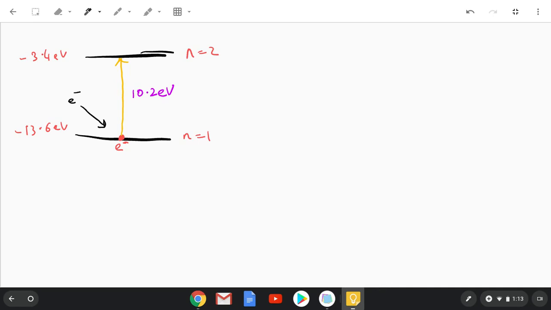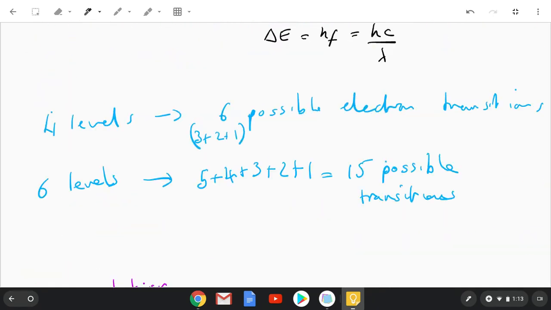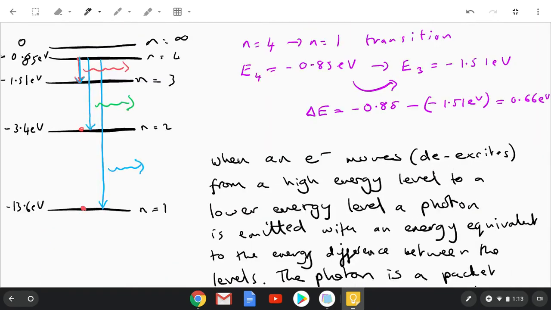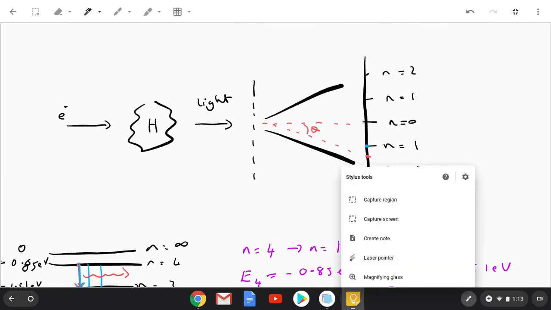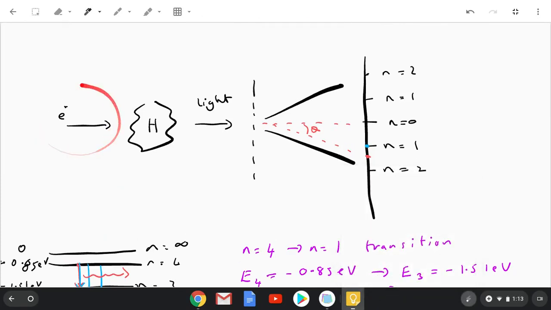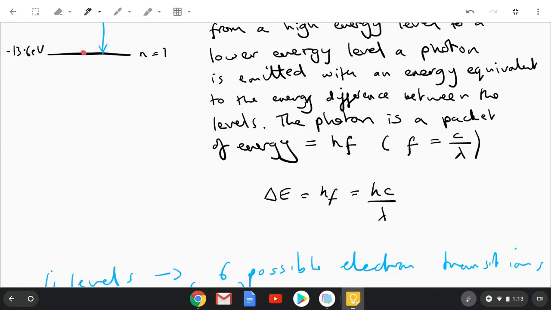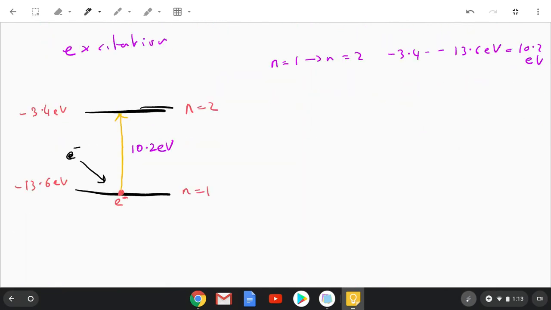And this was discussed at the beginning. So we said the electrons were incoming, they hit the hydrogen. As a result, we had light produced. So how did that happen?